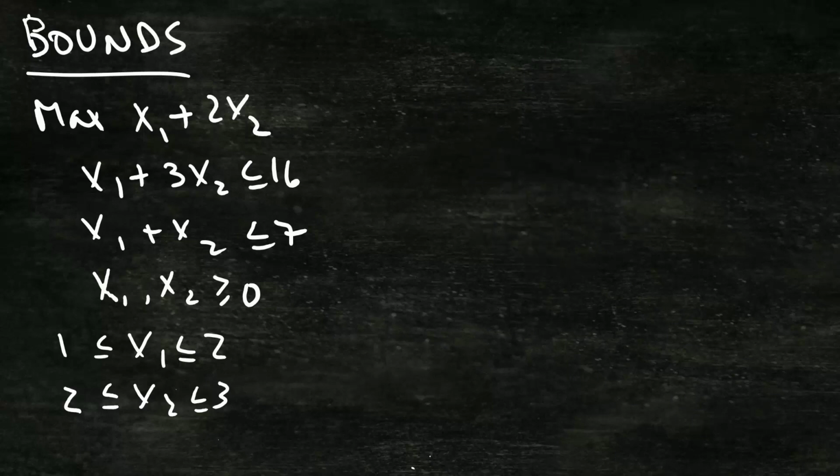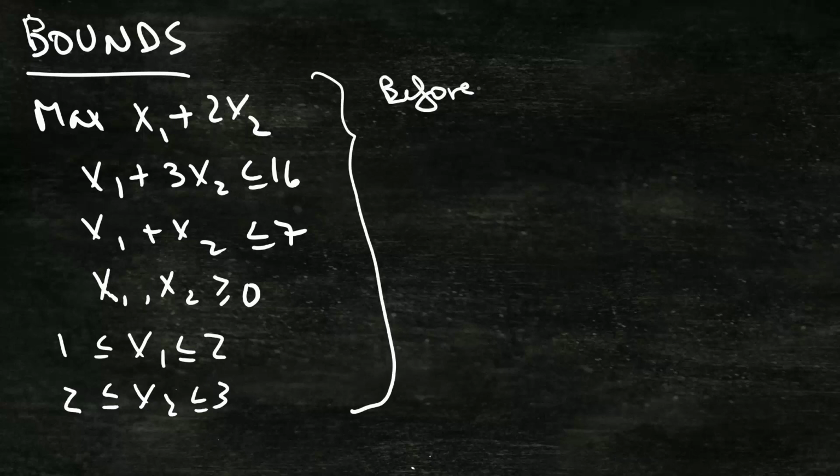So before bounds were added, we had 4 variables, 2 shown here, and then we'll have 2 more slack variables.